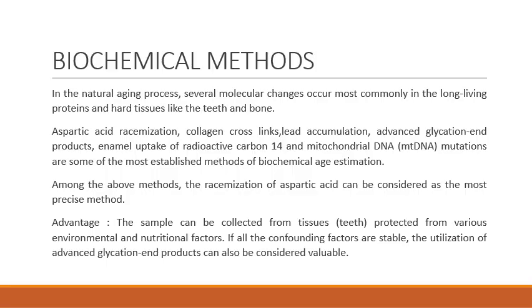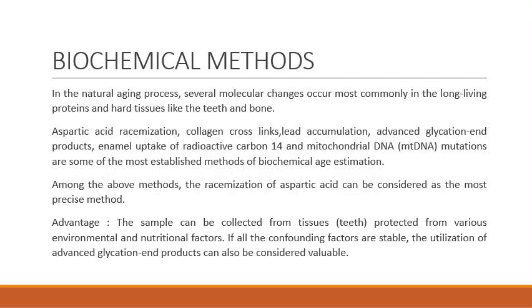In the natural aging process, several molecular changes occur, most commonly in the long living proteins and hard tissues like teeth and bone. Aspartic acid racemization, collagen cross-links, lead accumulation, advanced glycation end products, enamel uptake of radioactive carbon, and mitochondrial DNA mutations are some of the most common changes that can be used to track the age of the patient.